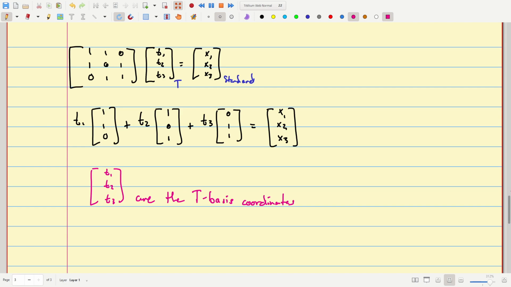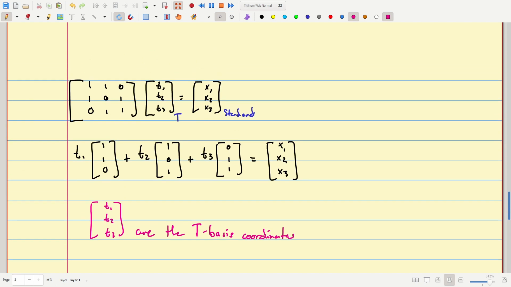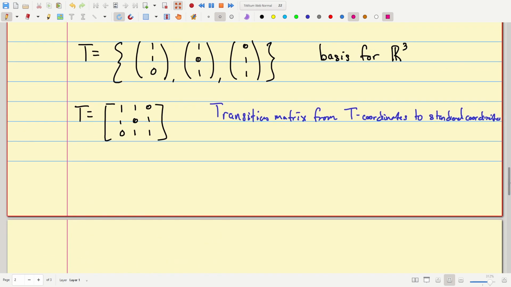So how do we do that? Okay, so that's a computational method that will produce the transition matrix between the two non-standard bases.